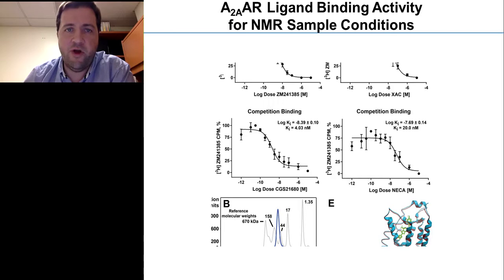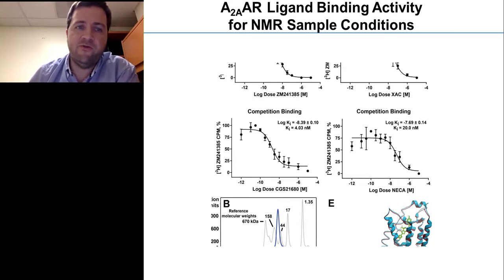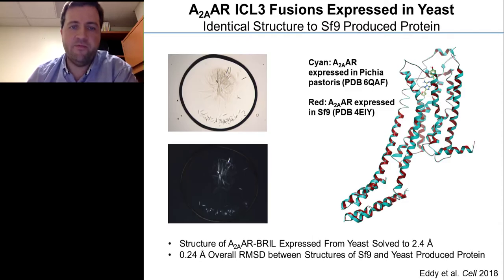So we used scintillation proximity assays and directly measured the ligand binding of several different ligands to the receptor in the same conditions used for NMR studies, and we could validate that the protein retained its native-like function in the same conditions we used for all of our experiments.